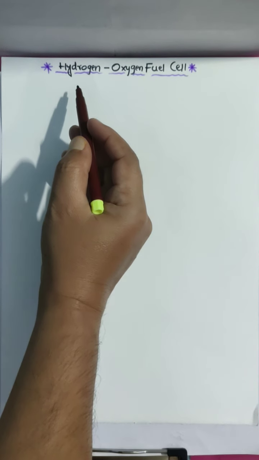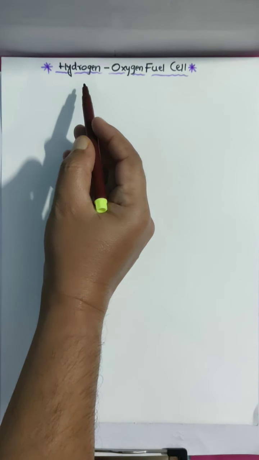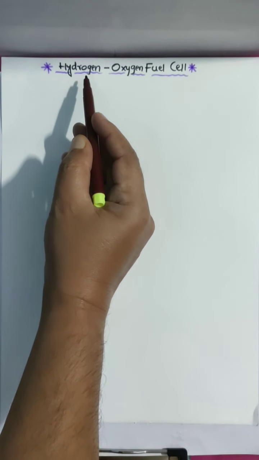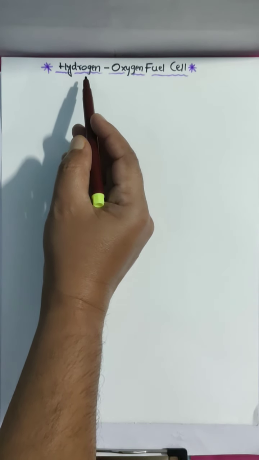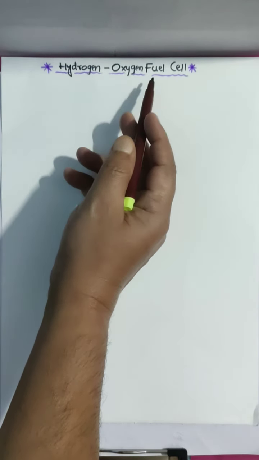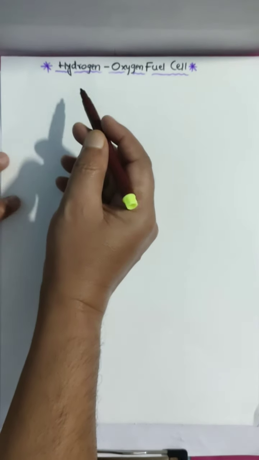Today we are going to discuss commercial cells or batteries. Primary cells and secondary cells we discussed in the last class, and here today we are going to discuss a secondary cell, that is a fuel cell, the hydrogen oxygen fuel cell.